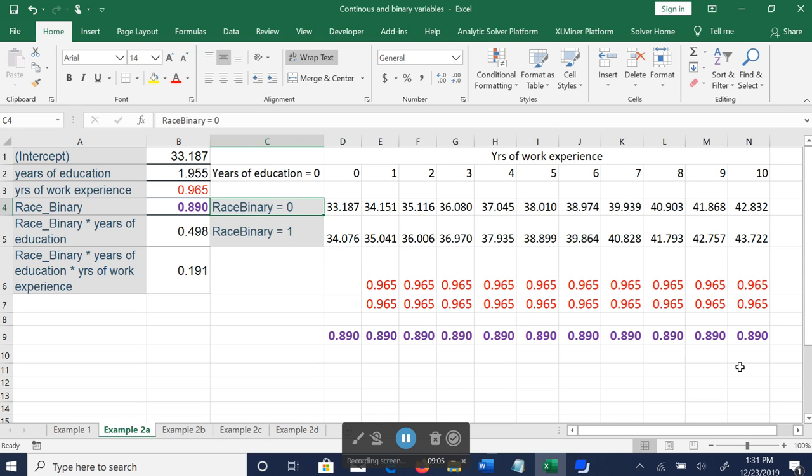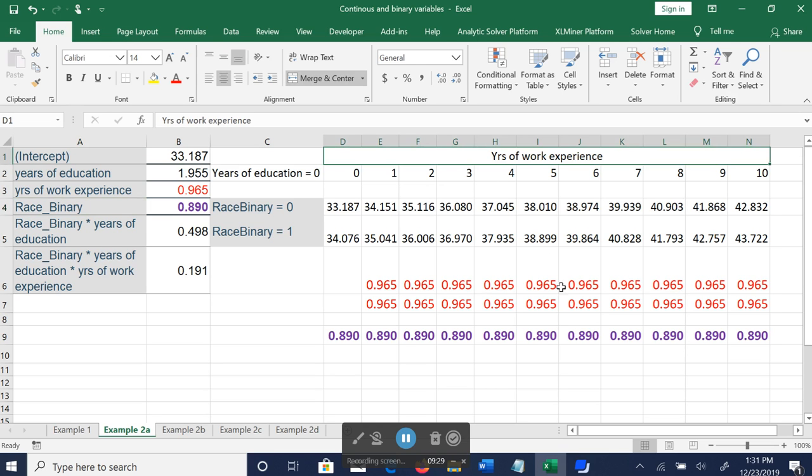So if we want to present 3 pieces of information on a 2-dimensional plane or worksheet, we have years of education, years of work experience, and race category. This is how we are going to do it. We are going to set this worksheet specifically for those with no schooling and how their income changed with increased years of work experience.